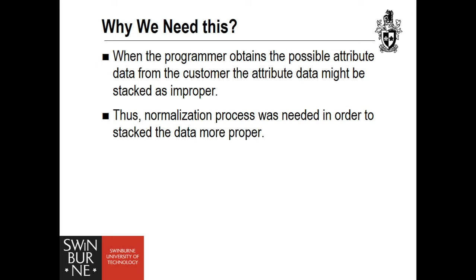Actually, when I was a programmer, when we designed a database structure, usually we didn't care too much about normalization. What we did was just straightforwardly design the table based on a direct topic.